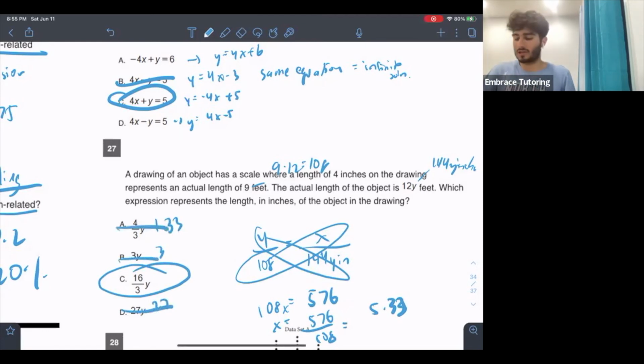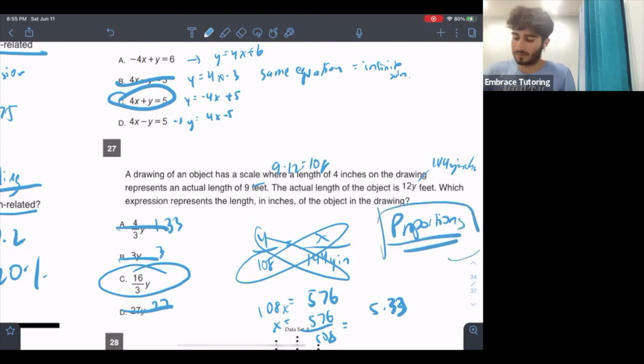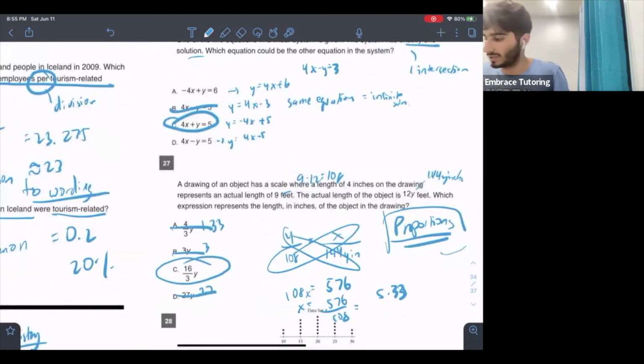So these choices are incorrect. Just using basic proportions. Proportions will help you solve this problem. It's just reading the question as carefully as possible.